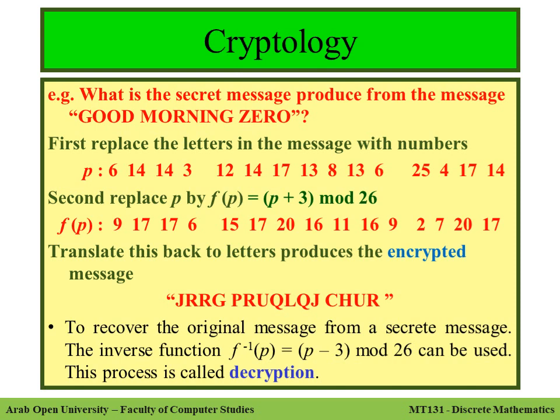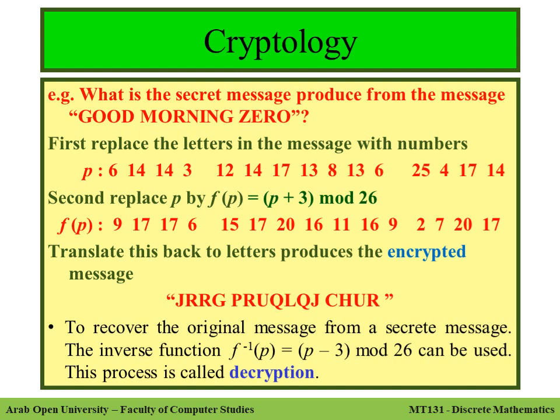If you add 3 and the number is less than 25, you use it like it is. If you get 25 or more, you can apply the modulo, get the remainder after you divide by 26. Most of these numbers, when you add 3, you'll get a number less than 25.